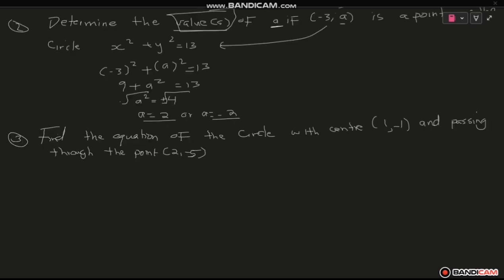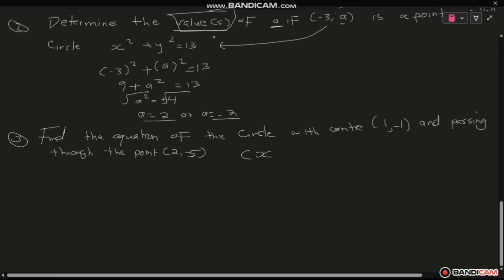Okay, then they want us to find the equation of the circle with center, that's the center, passing through the point. So I think what we can do now, we can actually write the equation of the circle, because that's what the question is saying. Find the equation of the circle with center.